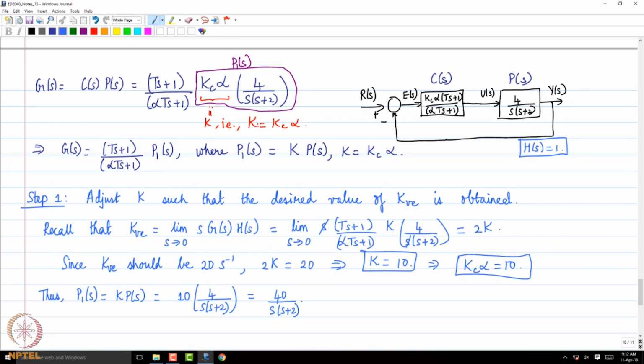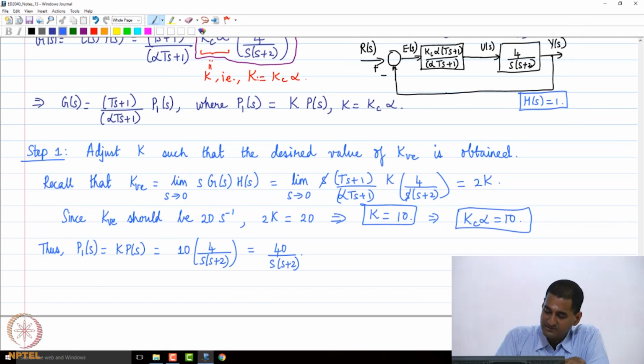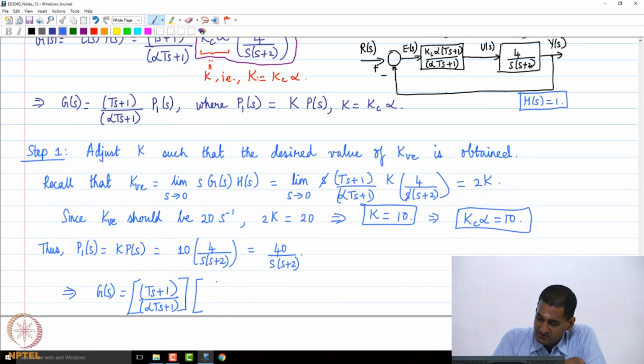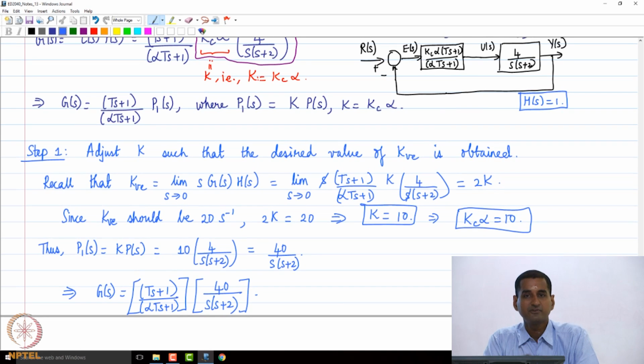It will become clear why I am doing this. This implies that G of s is going to be equal to (Ts plus 1) divided by (alpha Ts plus 1), which is one block, times 40 divided by s times (s plus 2), which is the second block. I hope things are clear till this point.